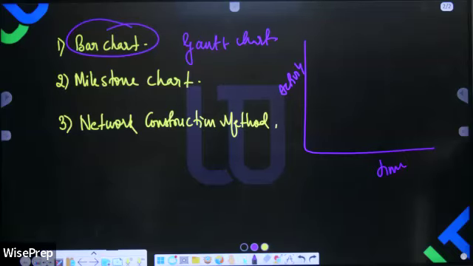It's written: it's given by Henry Gantt. Second, it's a pictorial representation.